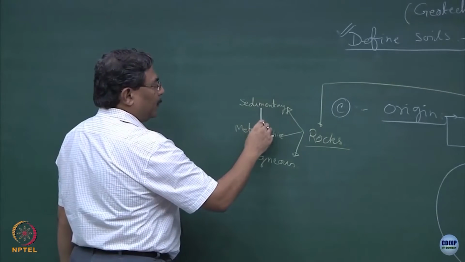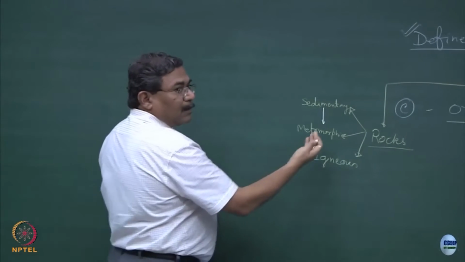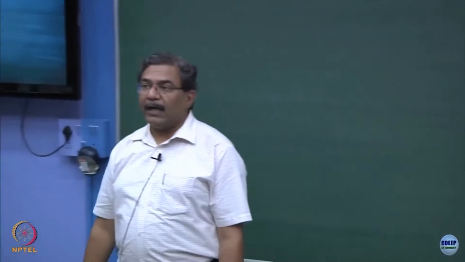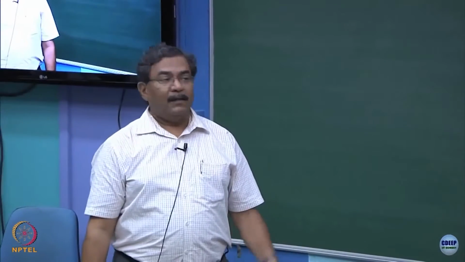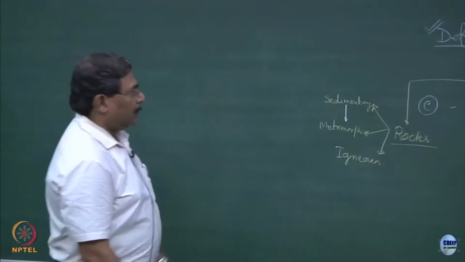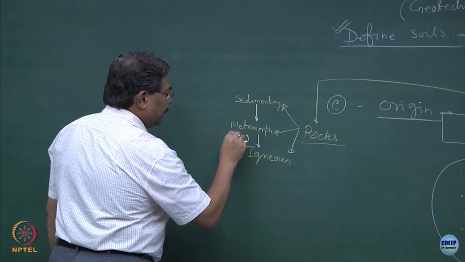So, sedimentary to metamorphosed or metamorphic, and further action of pressure and temperature and all the agencies which we have discussed, the carriers. Mostly this is P and T, pressure and temperature condition.